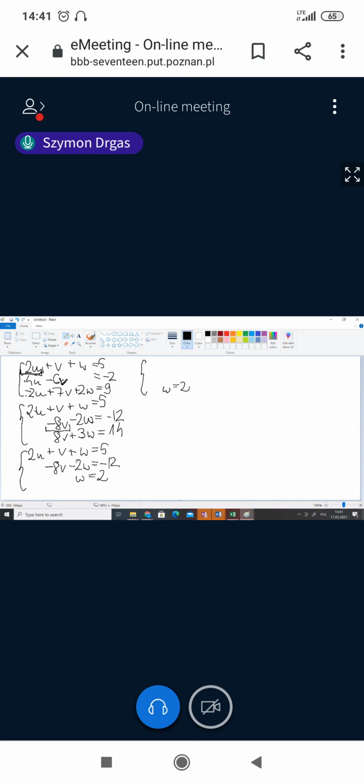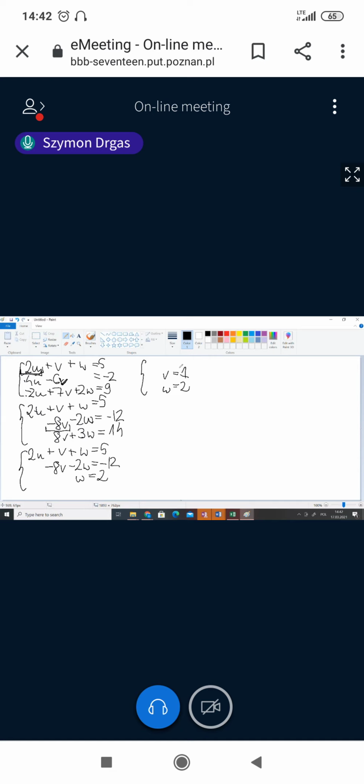So if I add 4 to both sides, then it will mean that -8V is -8. So it means that V is equal to 1.